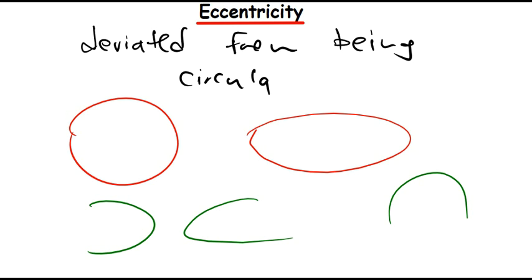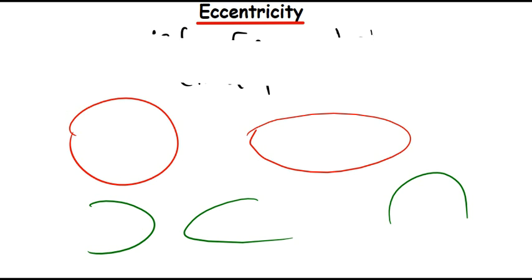Since we're saying how much a shape has deviated from being circular, a circle has not deviated in any way. So the eccentricity of a circle is just a 0. The one that is closest to being circular among the other shapes is an ellipse, so an ellipse is supposed to have a value less than 1.